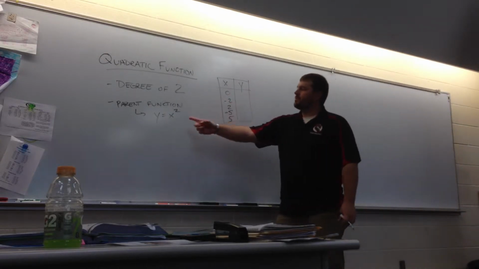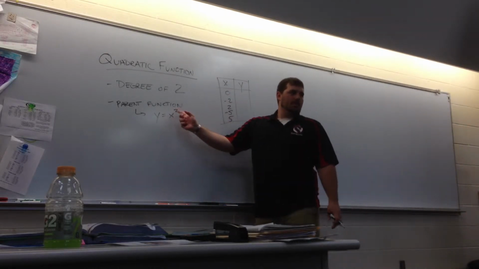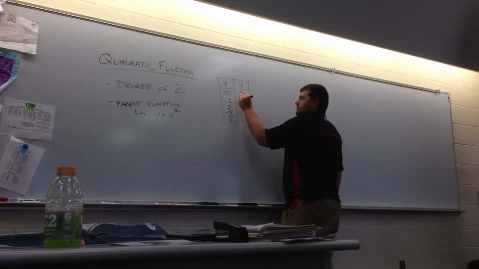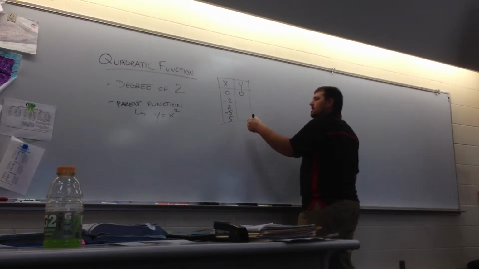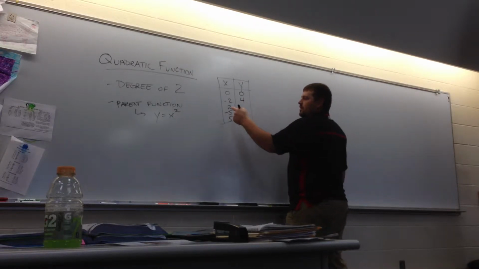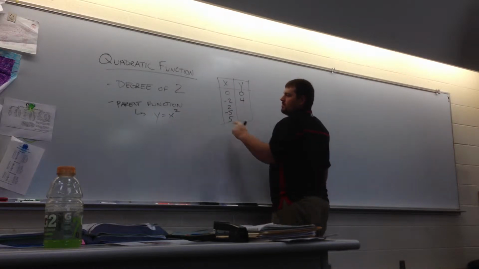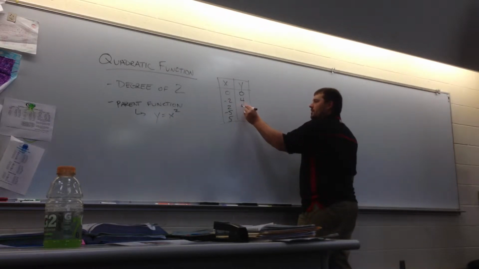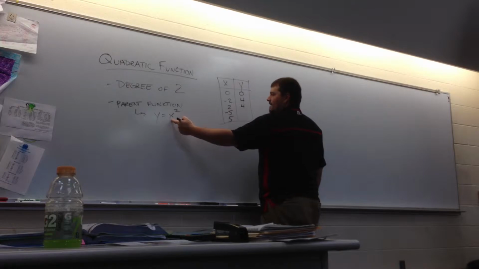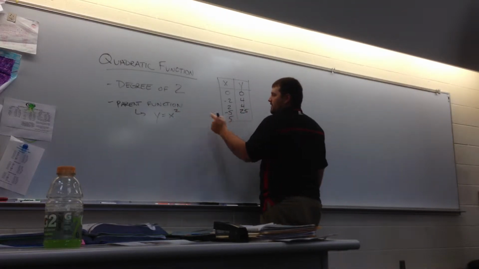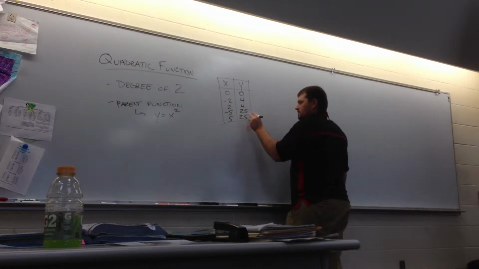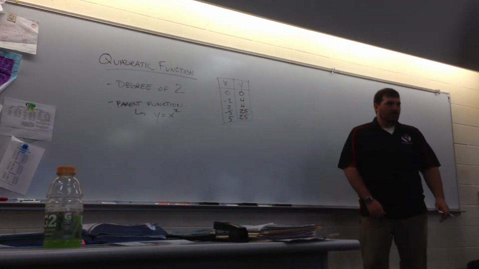We plug 0 in for x, 0 squared is 0. When we plug -2 in for x, -2 times -2 is a positive 4. When we plug 2 in, 2 squared is 4. -5 squared is a positive 25, and 5 squared is a positive 25.